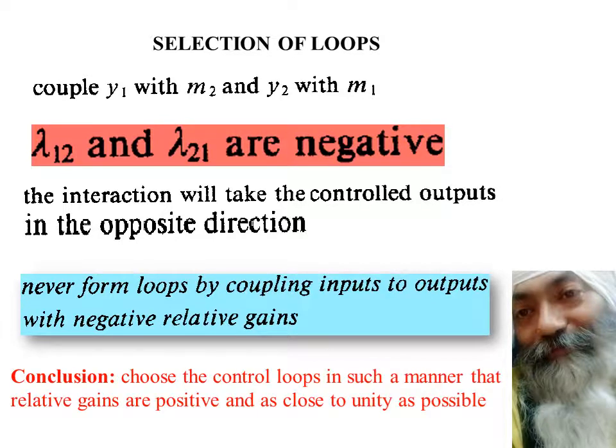Keeping this in mind, we will be doing the selection of loops, and wherever we cannot simply select the loops, like in case we had 0.5, 0.5, we had too much interaction, then we will go in for some sort of cross controllers which are going to decouple the two loops so that the interaction becomes smaller, and these lambdas can be chosen to be near to 1 and preferably lesser than 1. So that was about the selection of loops making use of RGA, that is relative gain array.